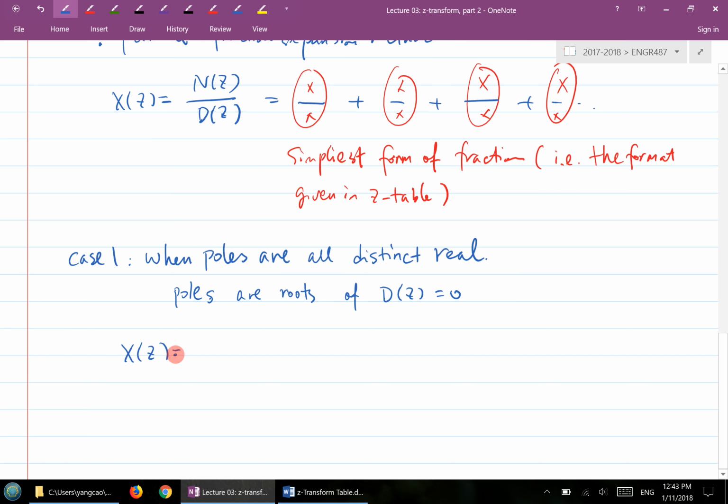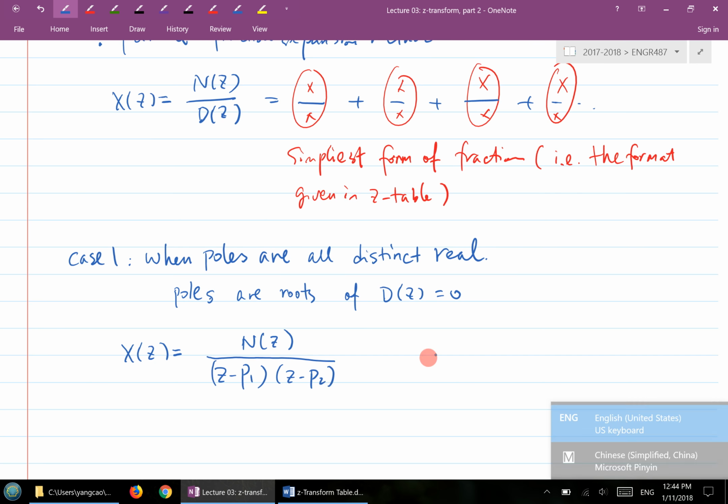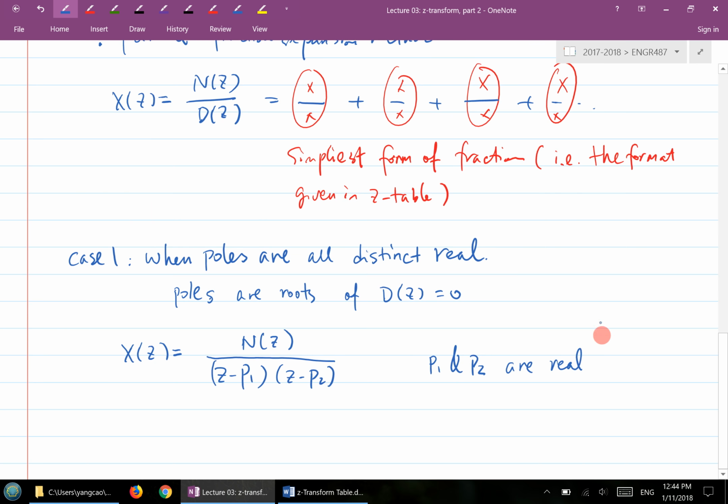For example, if I have capital X of z equal to a certain numerator divided by the denominator, which is in this format, and p1, p2 are real, distinct real numbers. That's what we call case number 1 here.